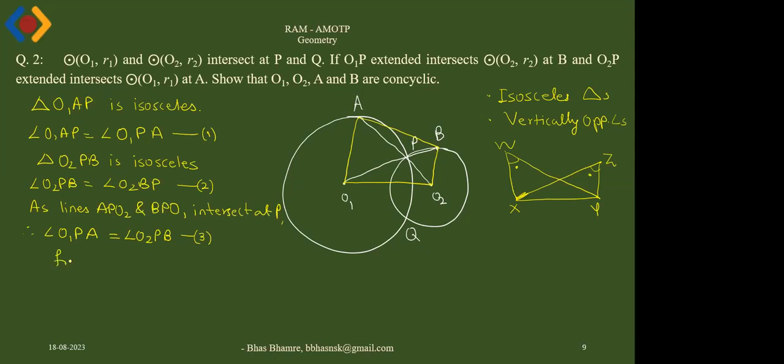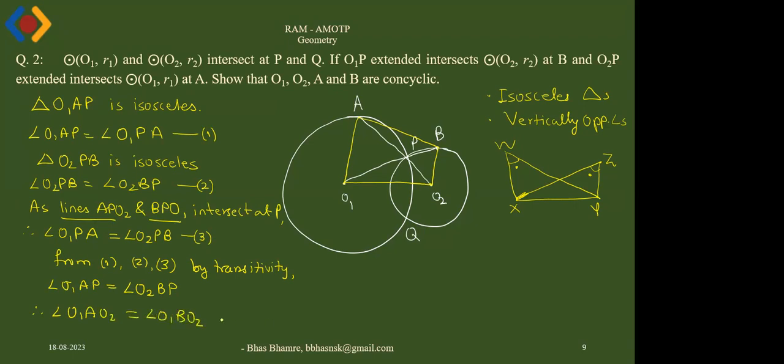So from 1 to 3 and by transitivity, we have angle O1AP is equal to angle O2BP. But because these are straight lines, angle O1AO2 is equal to angle O1BO2, and then we use this idea and we are done.